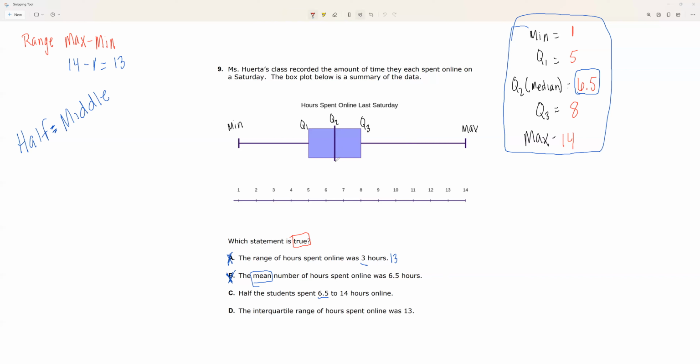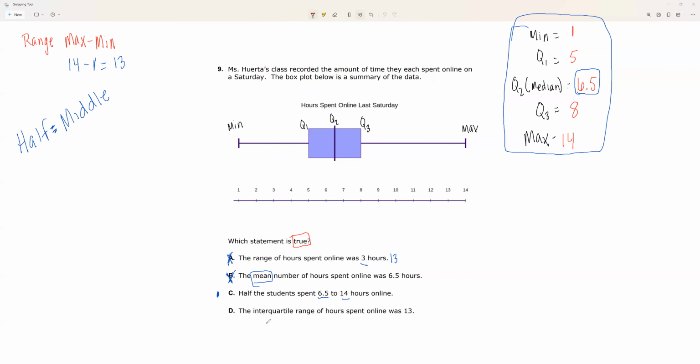So if this is my middle, that means my max is my end. And my max was 14. So my Q2 was 6.5. My max was 14. That range matches. My middle was 6.5, and all of this upper half was all the way to 14. That is half of the students. So I'm going to say, hey, that could be the answer. I'm going to leave it there.